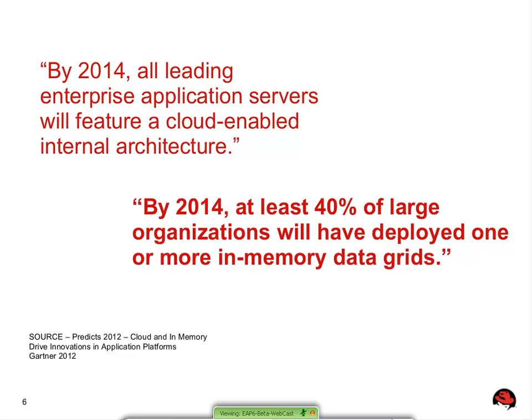Relational databases have their place for sure, and they certainly have their place in the cloud in some instances, but when it comes to building a cloud-enabled elastic application, we're starting to see really big growth in in-memory data usage. How an application can leverage in-memory databases and work with data in the cloud is a bit of a different set of use cases. So we're also going to be addressing this prediction a little later in the presentation.